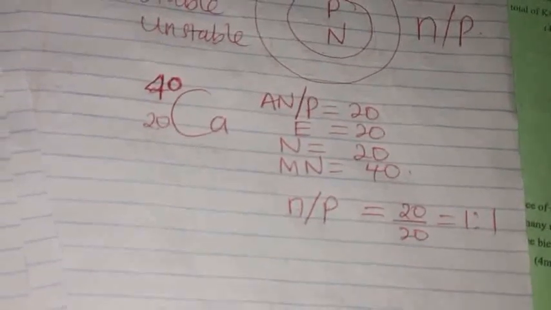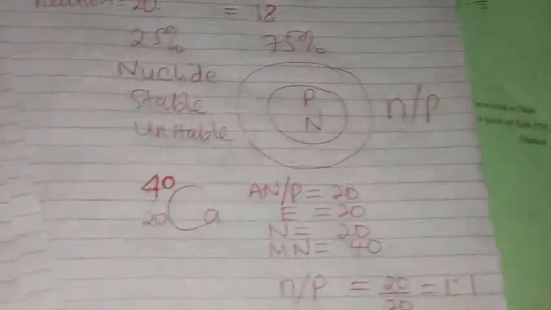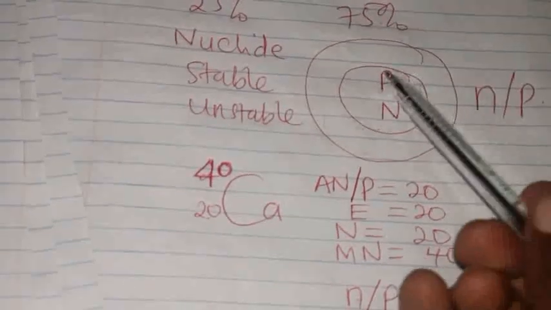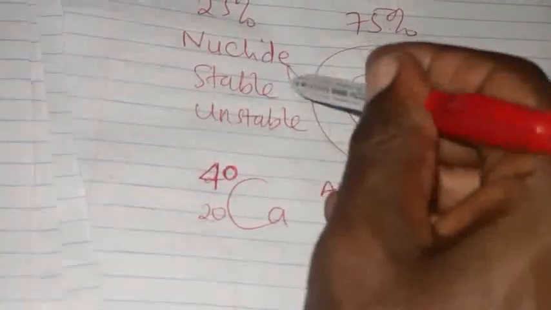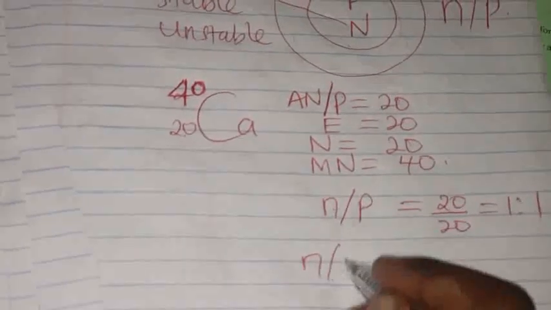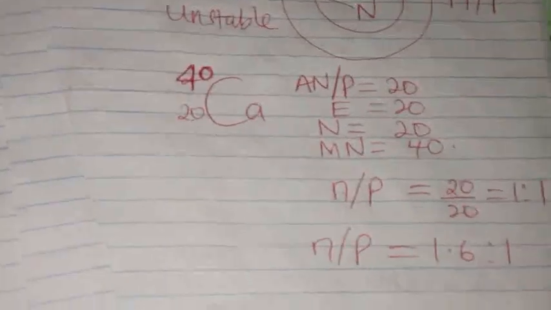It is always advisable that for an atom to have a nucleus characterized by protons and neutrons, referred to as a nuclide, being stable, it should have a neutron-proton ratio not more than 1.6 to 1.